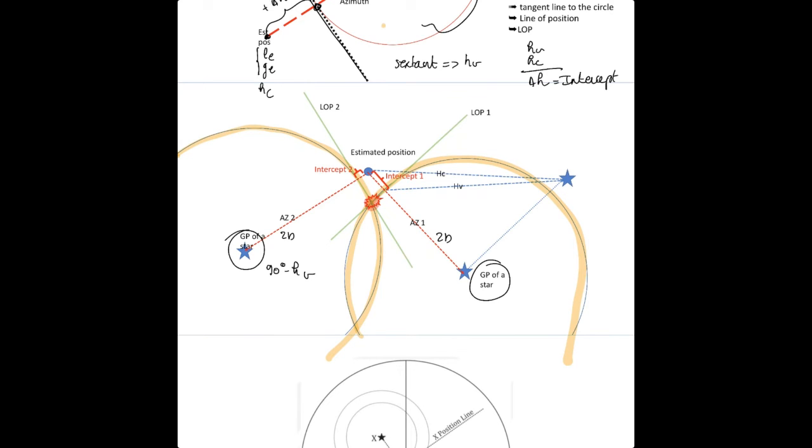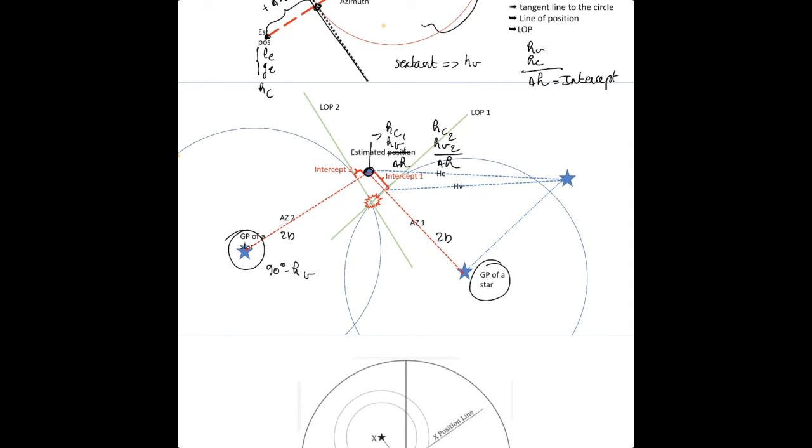But what could we also do? We could say, okay, we know our estimated position. This is our estimated position. This gives us an HC, HC1 and HC2, for both celestial bodies. Then we compare this with our true altitude based on what we read on our sextant. We determine two times the intercept.